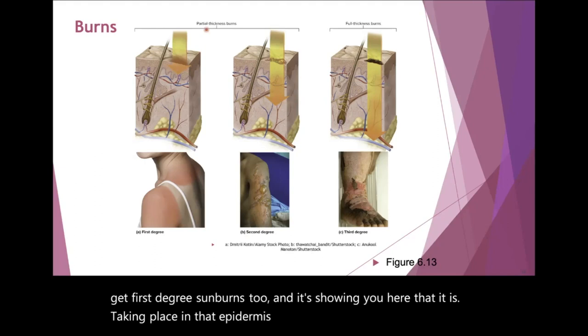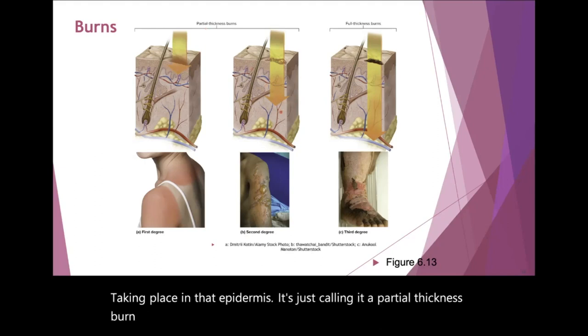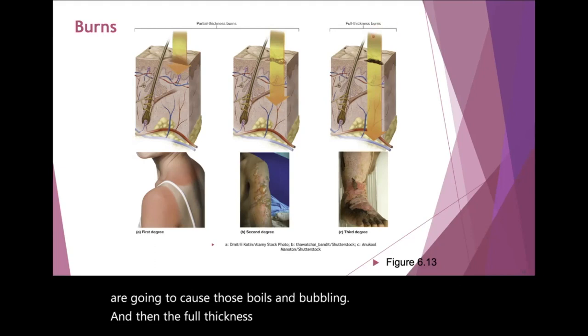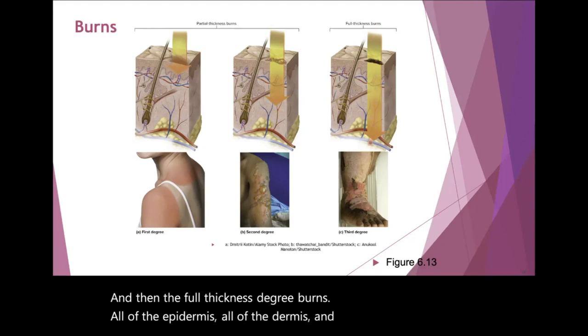It's just calling it a partial thickness burn. And then here, going into the dermis, these are the ones that are going to cause those boils and bubbling. And then the full thickness burns, all of the epidermis, all of the dermis, and into the hypodermis. This is the most dangerous burn.